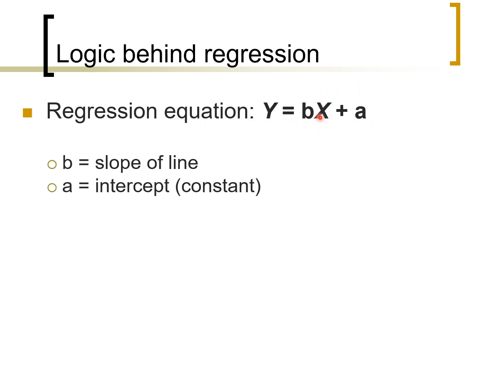Sometimes I've seen y equals mx plus b. Here we're using y equals bx plus a, but the most important thing is that the one next to the x value is always going to be the slope, and the one that's by itself afterward is going to be the intercept. Take your x value, apply it to the slope and intercept, and then you can get your predicted y.